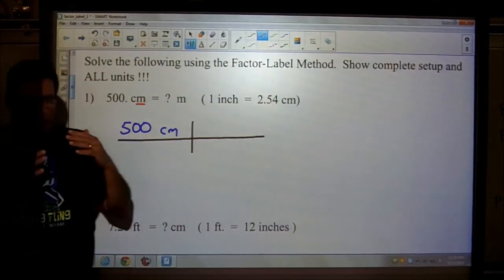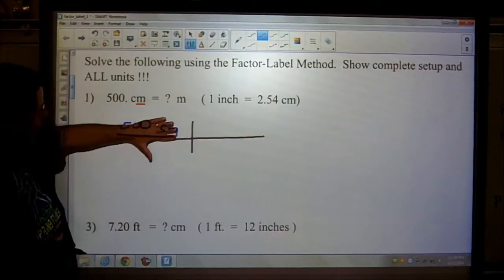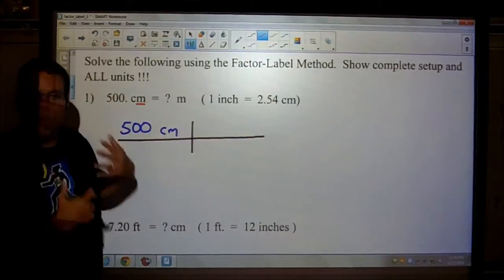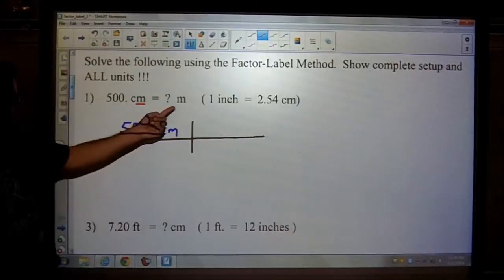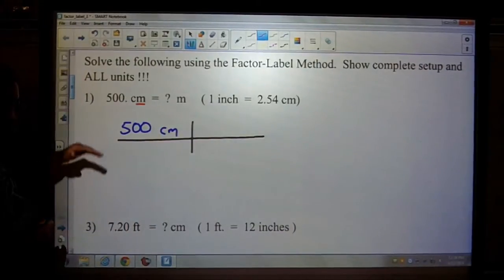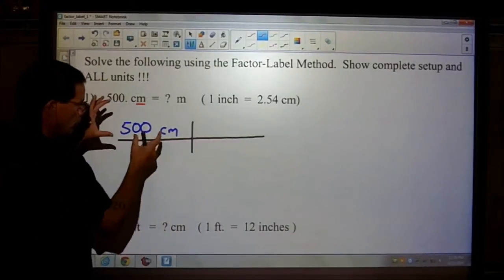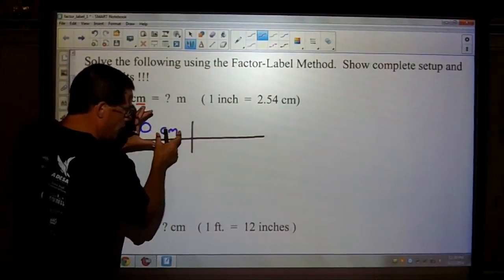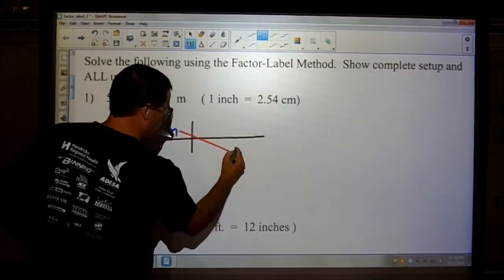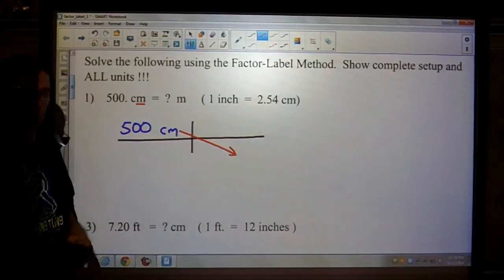Okay, so here's what we want to do. We know we have a unit, centimeters. We want to get rid of that unit, centimeters, because we're trying to convert it into meters. So the best way that we can get rid of the unit that we begin with is to, quote unquote, move it diagonally. In other words, take this unit and place it in the next box diagonally.